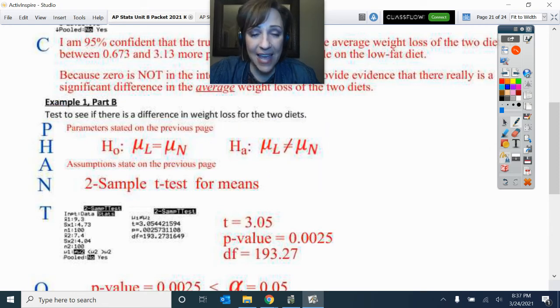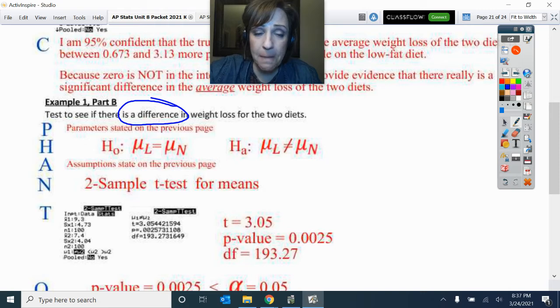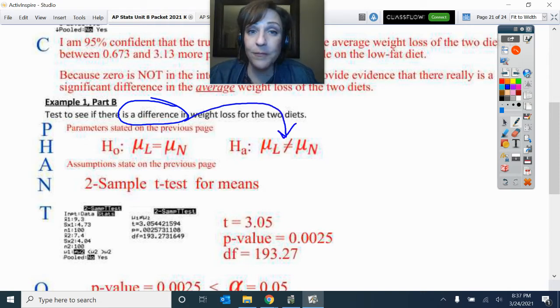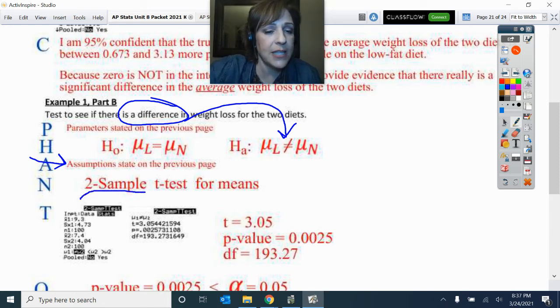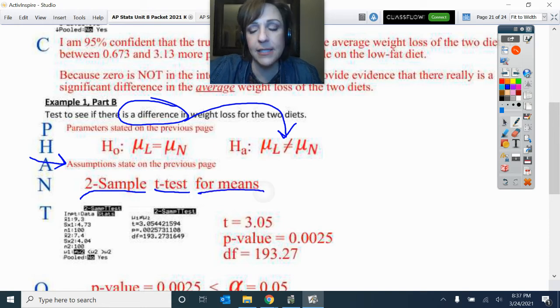This question said, is there a difference? That is a not equal to. Okay? All right. And then the assumptions are the same as the previous page. Okay. This is a 2 sample t-test for means.